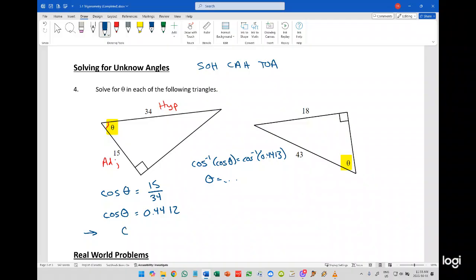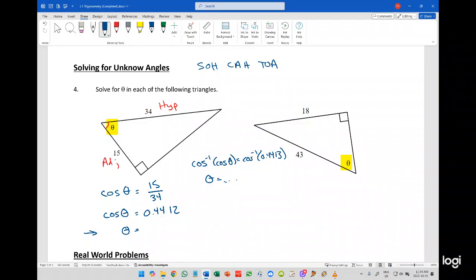So I'm just going to write down theta on the left-hand side after I've, by the way, this is bad math slang, it's not official, but I use the term uncos. I'm uncosing that side to get the theta by itself, so I'm going to uncos the 0.4412. That doesn't mean I punch in cos of 0.4412.